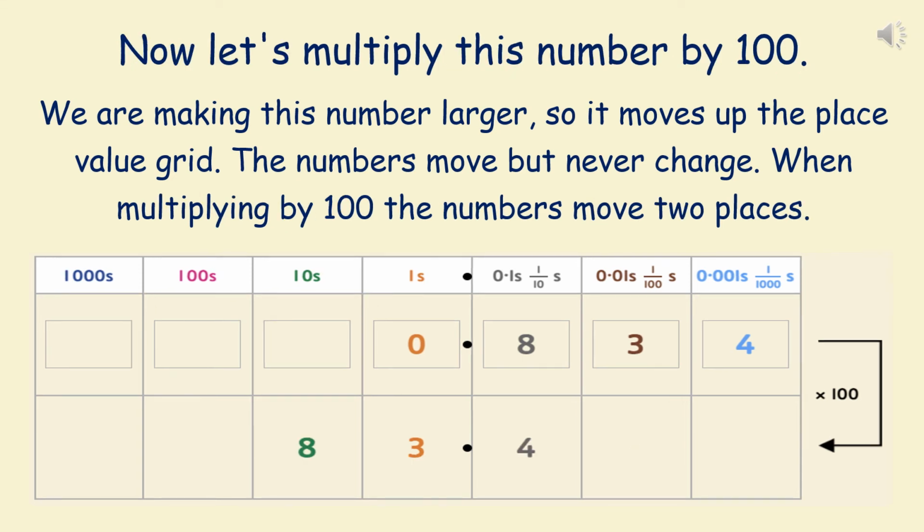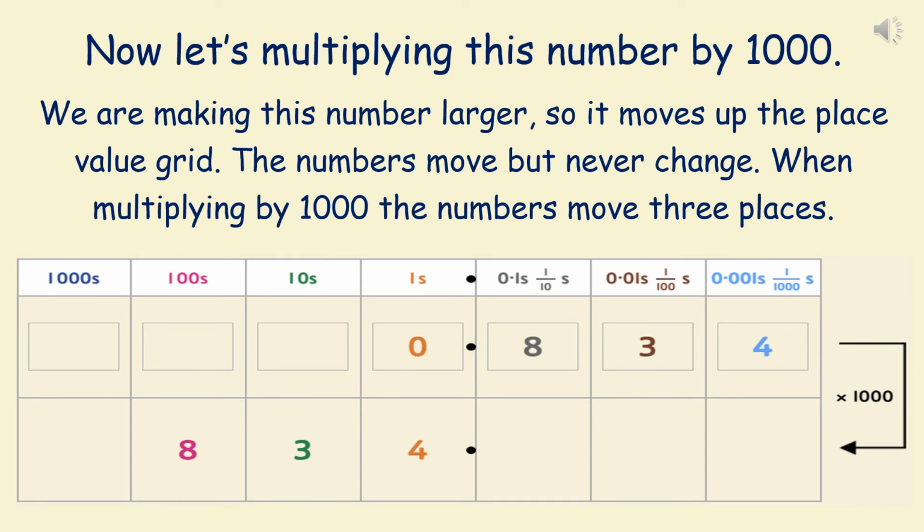Now let's multiply this by 100. We are making the number larger again, so it moves up the place value grid. Again, the numbers move but never change. And when multiplying by 100, this time the numbers move two places, making the new number 83.4.